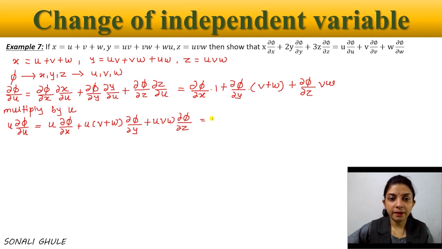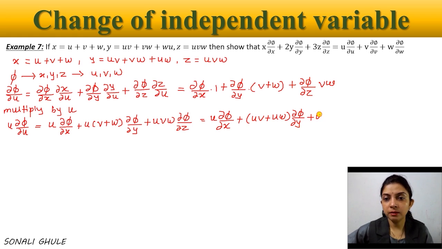So that I can write u phi with respect to x plus multiply uv plus uw phi with respect to y plus uvw phi with respect to z. Okay, let's say this is our equation 1.